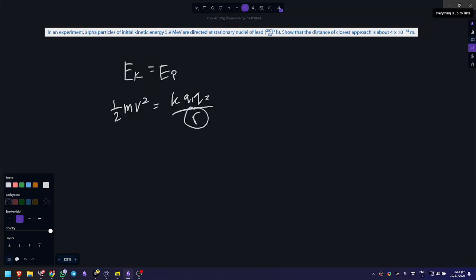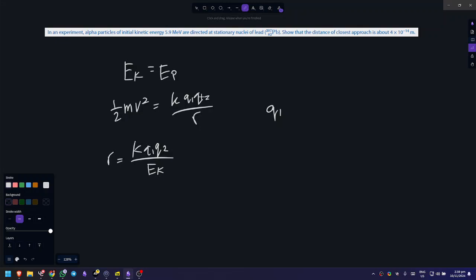First, we want to calculate r, so we rearrange the equation for r. r equals kq1q2 over EK, since we already have EK here. Next we input the values for q1 and q2.